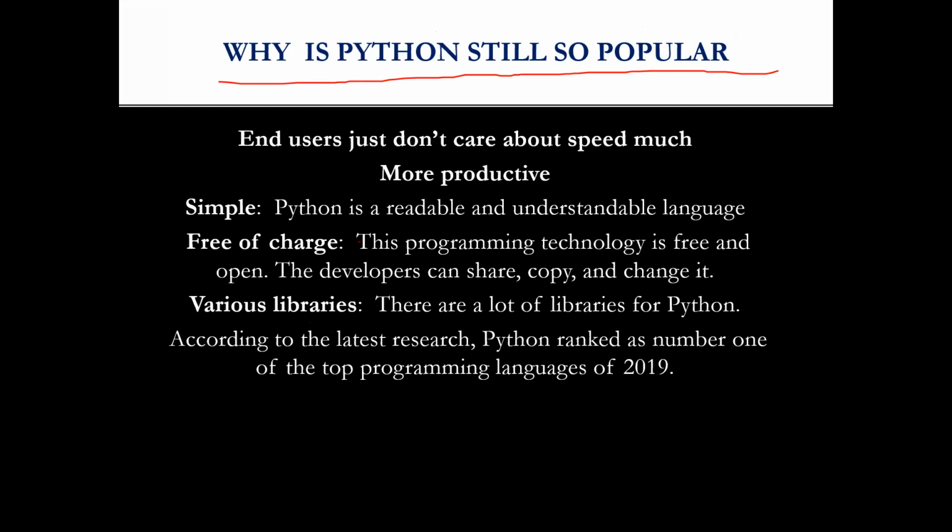When I'm saying that Python is slower than other languages, I didn't mean that it will take hours or minutes or days or weeks for it to execute a task. The difference is only in milliseconds. Say, as a rough example, if it takes 10, the same thing in Python will take 10 point something.